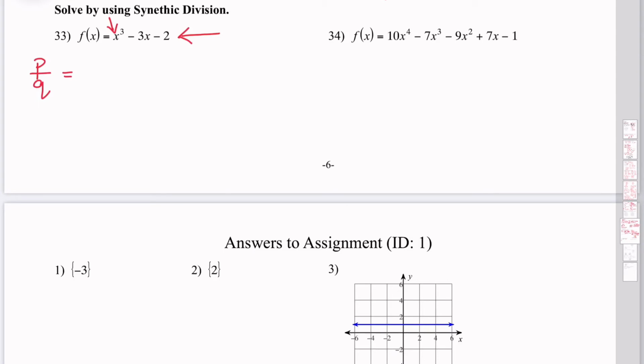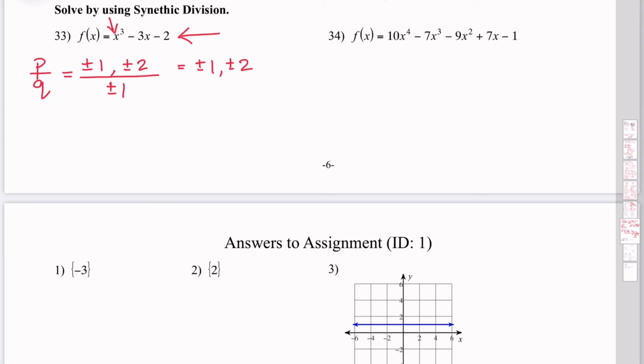All the factors of 2 are plus or minus 1 and plus or minus 2, all over your factors of q, which is 1, and factors of 1 are plus or minus 1. If we further simplify, any number divided by 1 is itself, so we end up with plus or minus 1 and plus or minus 2. So these are all the possible rational factors that this function could have, but we've got to test them out.